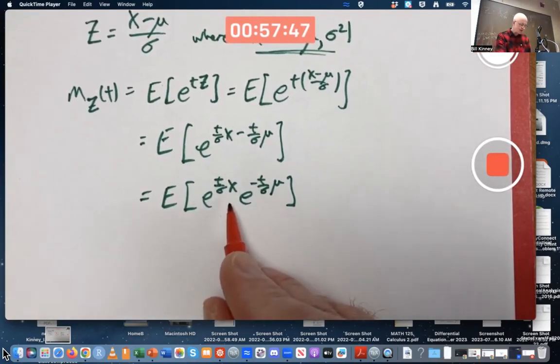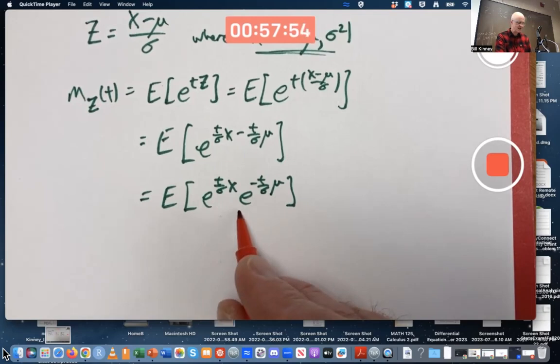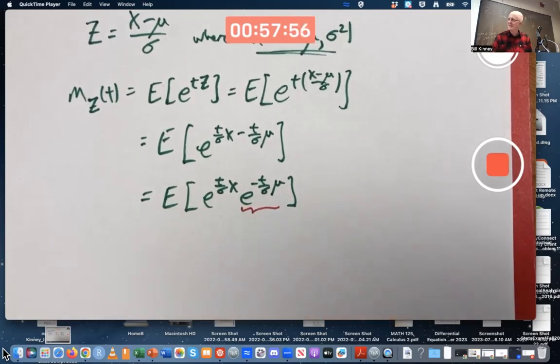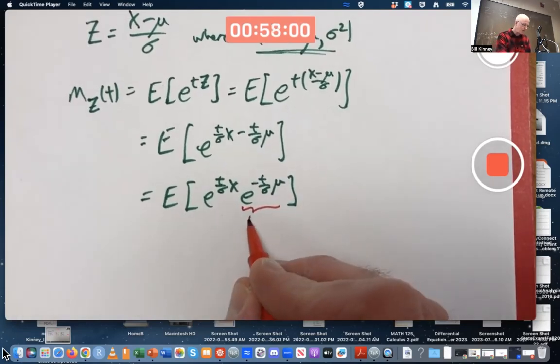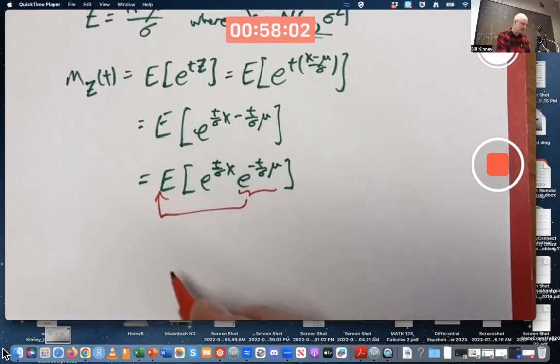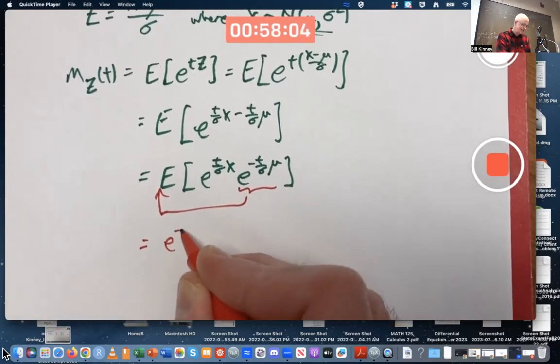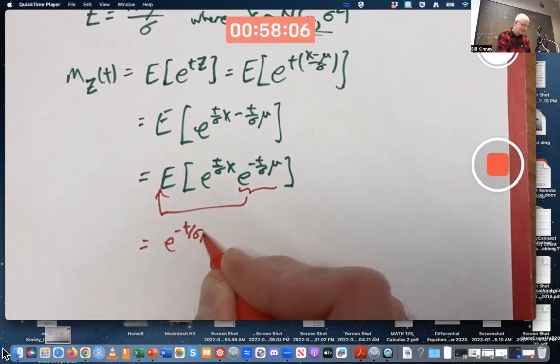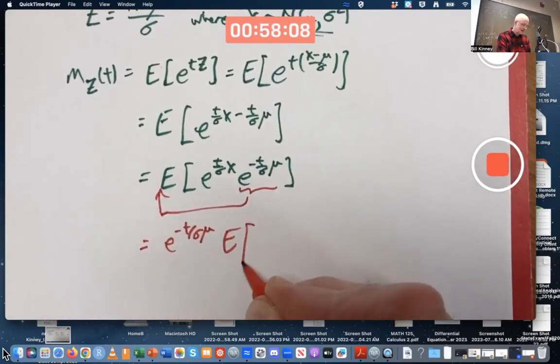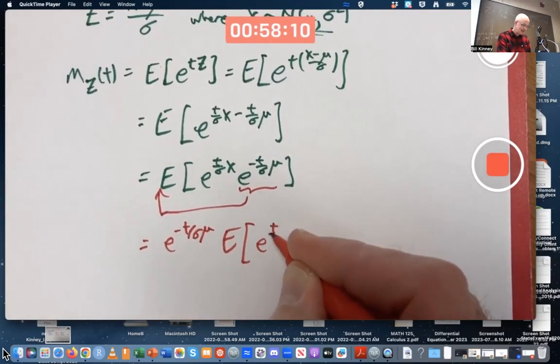X is a random variable. What are these other symbols? t, sigma, mu, they're all numbers. I guess this is a number, a constant random variable if you prefer, but we could just think of it as a number. Oh, that could be factored out in the front. That's maybe a good idea. Is this a good idea or not?